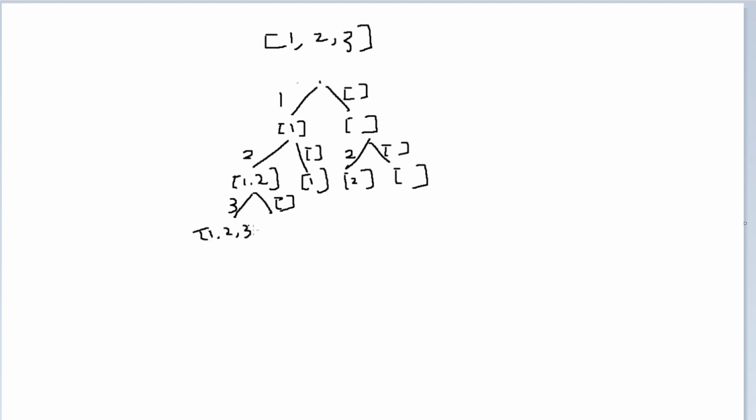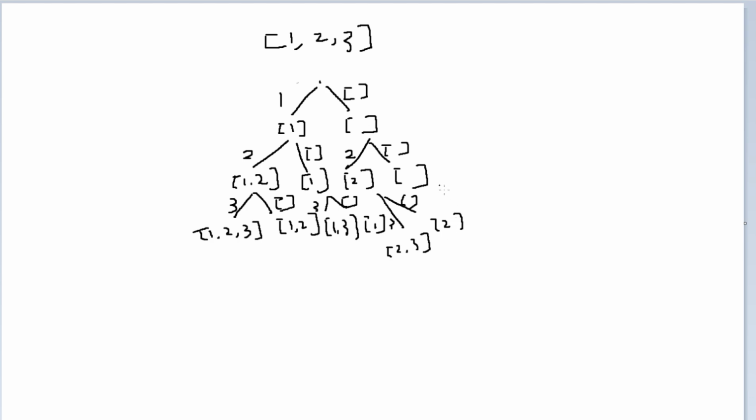So the same one, we will have 1, 2, 3 together. And 1, 2. And single 3. And then empty. And 2, 3.